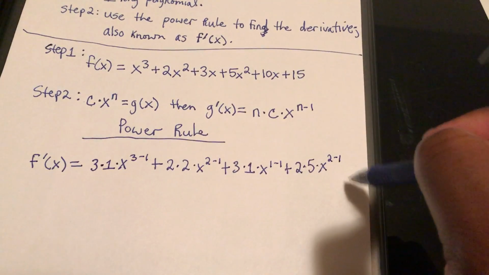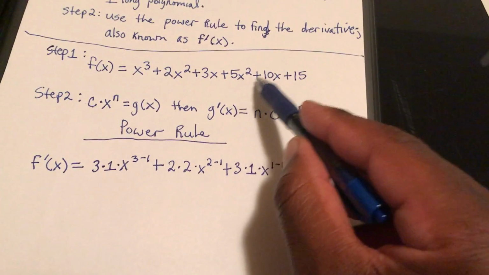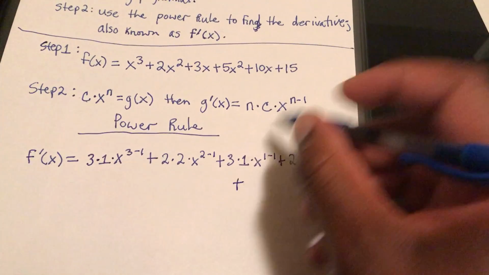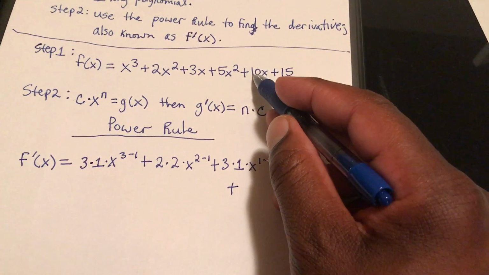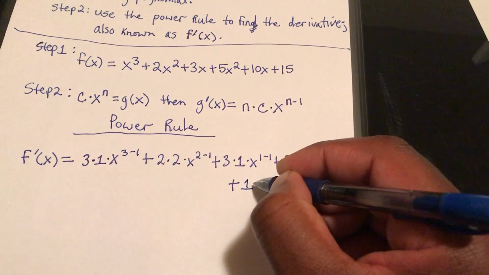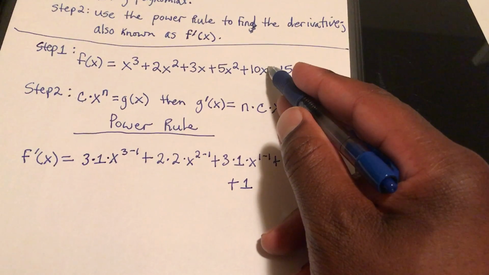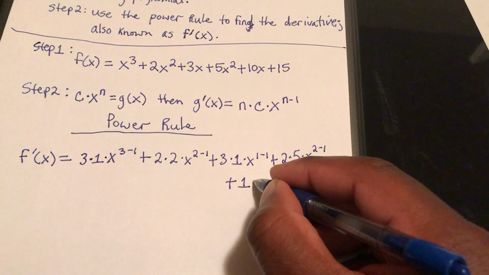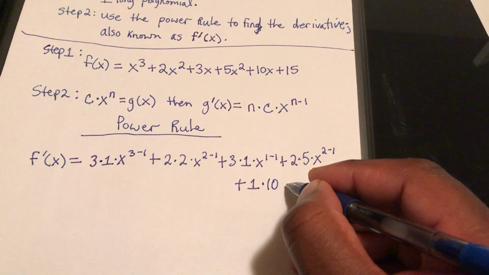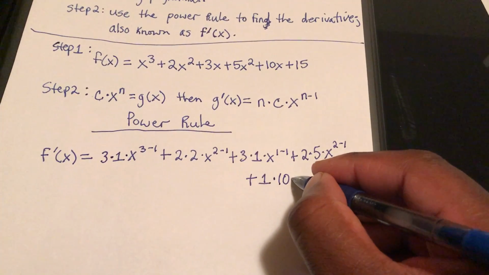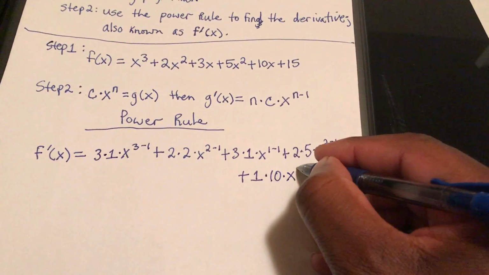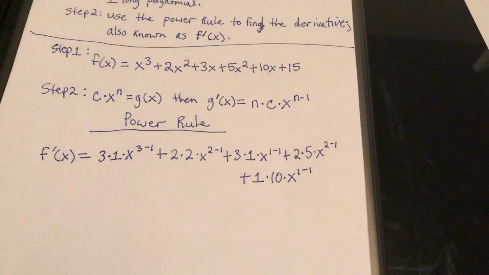Now I'm going to move on to the next line down here, but we're continuing with this. I'll just write it right here. So we're dealing with this term now. That's 10 times x to the first power. So bring down that 1 because it's to the first power, so we bring it down in front. Times the constant, or the c, which is 10 in this particular case, times x, and the invisible 1 power is 1 minus 1.